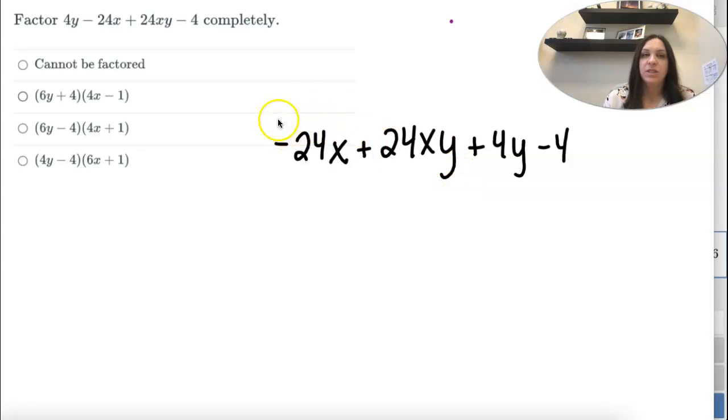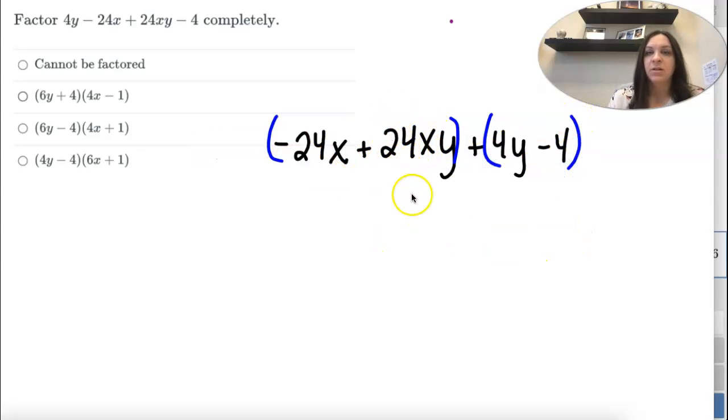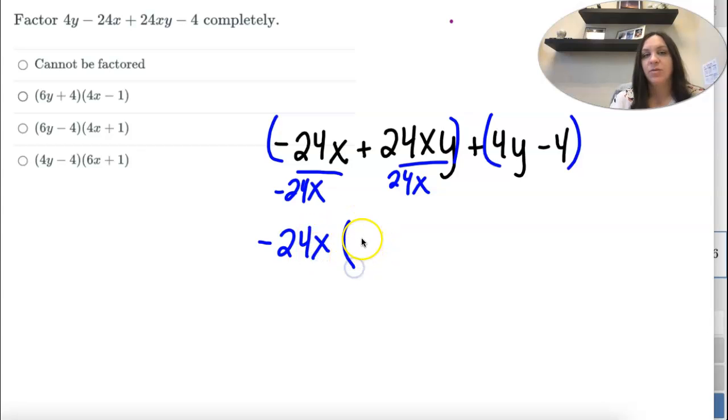And then we're going to do this thing called factor by grouping. So we're going to see if we can take out anything in common here. So let's see. These both have an x, and they both have a 24. So if I take out negative 24x, I'm left with 1 plus y.